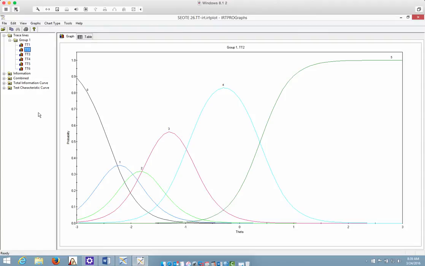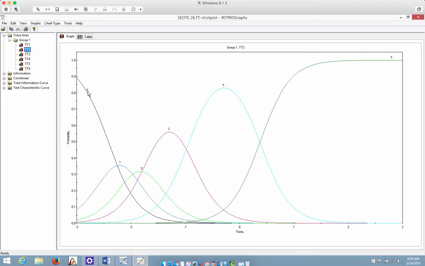So my original scale was 1 equals strongly disagree through 6 equals strongly agree. Well, now we have 0 representing strongly disagree through 5 representing strongly agree.